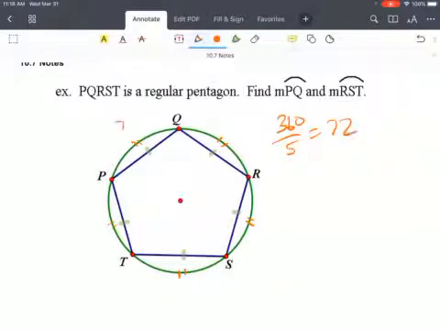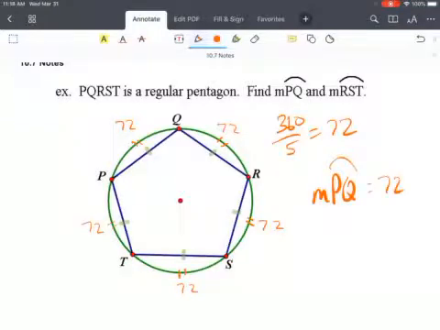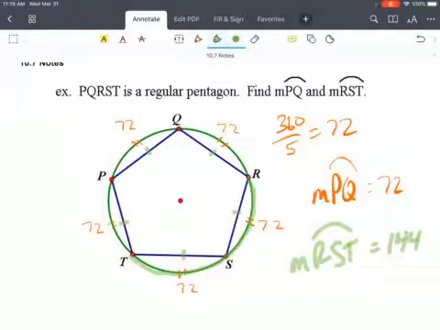And that tells us that every single arc must equal 72 degrees. So that allows me to find the measure of arc PQ, 72. And then since RST is just 2 of those, it would be 144 degrees.